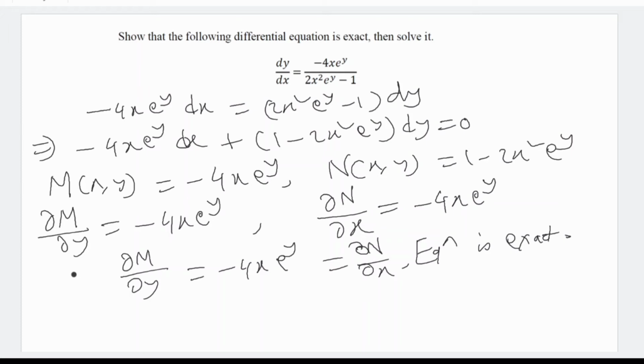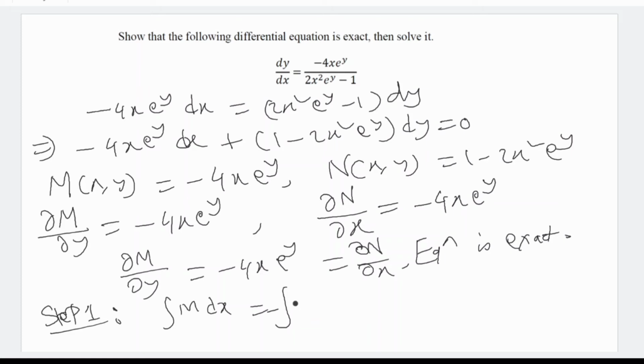Now we find the integration of M with respect to x. Step 1, integration of M with respect to x. What is our M?